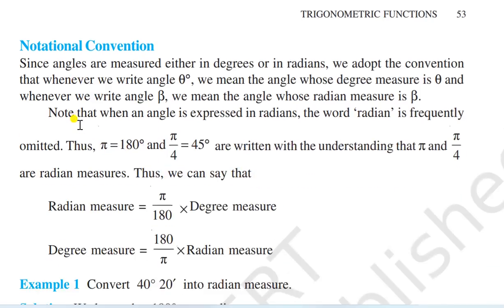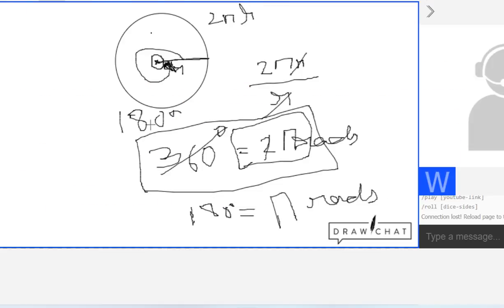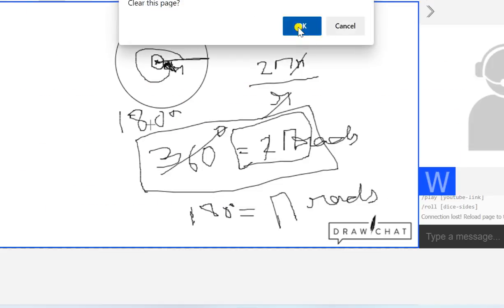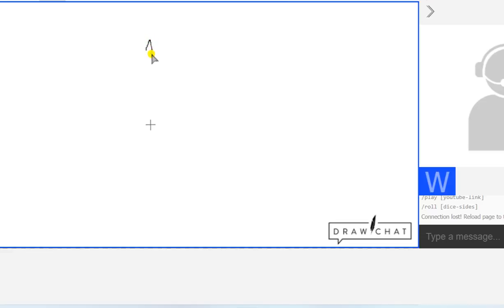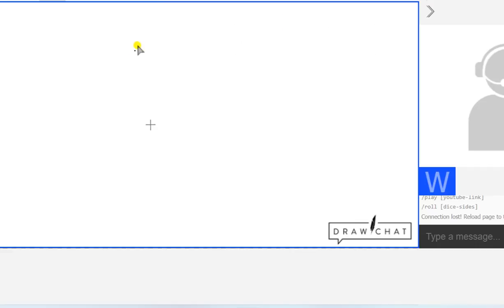So let's say you have a packet, one packet in which you have three chocolates.